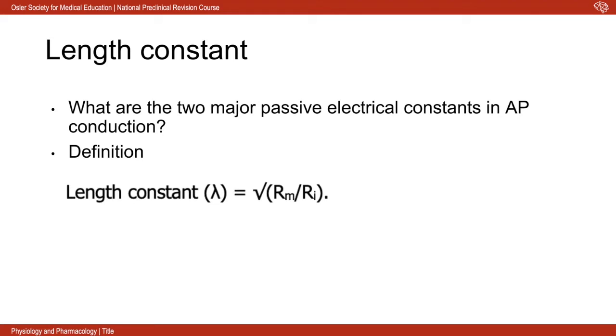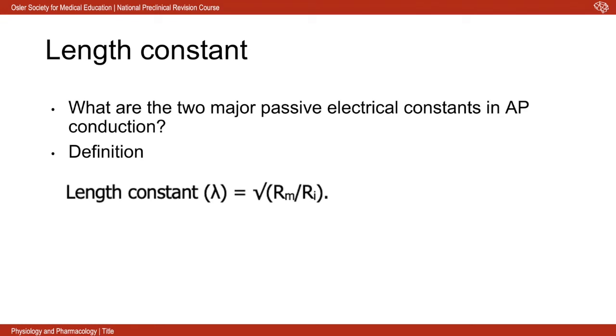The length constant is dependent on the internal resistance and membrane resistance, denoted by Ri and Rm respectively, and the quantitative equation that defines the length constant is lambda equals the square root of Rm over Ri, so the membrane resistance over the internal resistance.